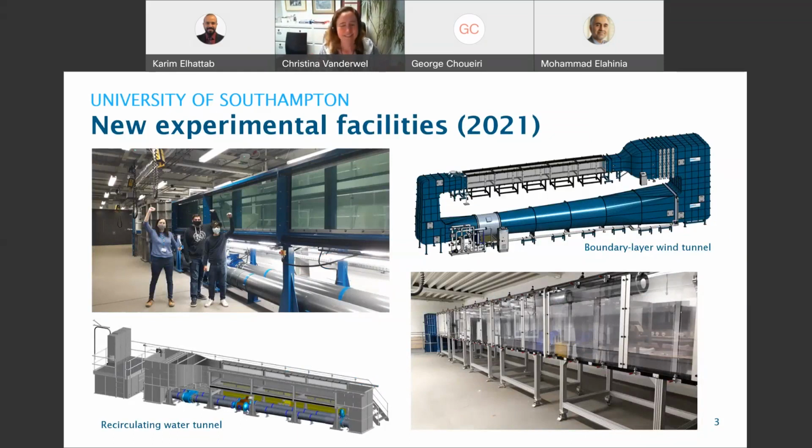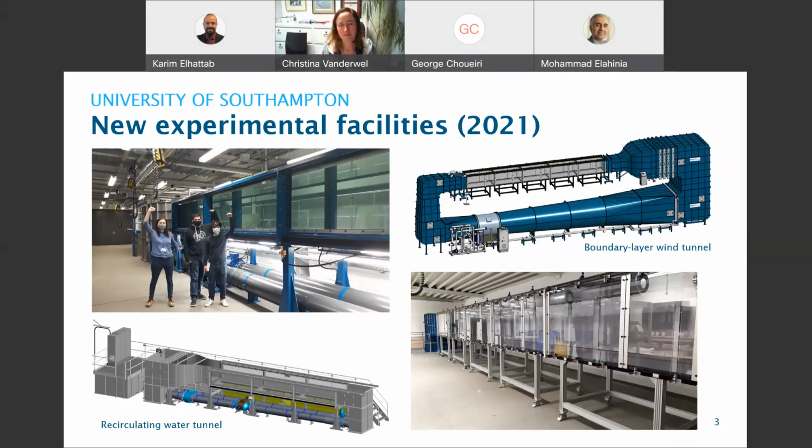And it's just a really great place to work. In the left picture, there's me and my postdoc and one of our PhD students going hooray, because we finally have our water tunnel facility ready and it could be filled with water. And it's just a great facility for doing this sort of experimental fluid mechanics research. It's 8 meters long, the test section, 1.2 meters wide, and can be filled to 80 centimeters deep.